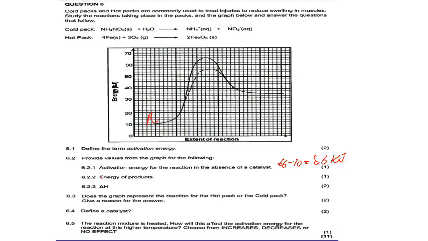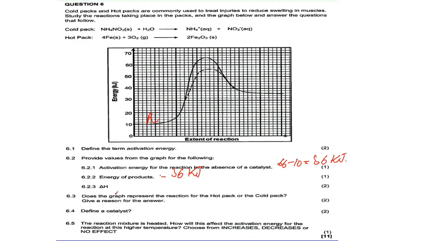And then 6.2.2 says the energy of the product. What is the energy of the product? So let's look at the product here. We have it right here. But then let's count the blocks. It's 1, 2, 3, and each is representing 2 units. So what do we have below here? 30. So that's 30 plus 6. This would give us 36 kilojoules, right?